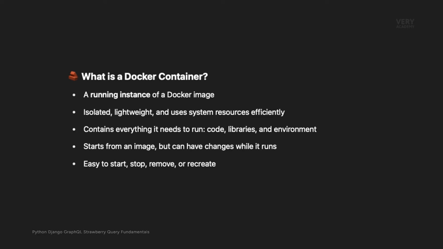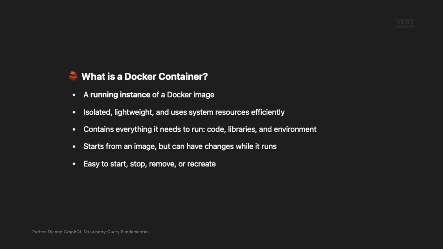Okay, so we have an image and then we have a container. So remember, a Docker container is the actual running version of the Docker image. So while the image is just a template, the container is a live working environment created from that template. Each container is isolated, meaning it runs independently with its own set of files, settings, and dependencies.